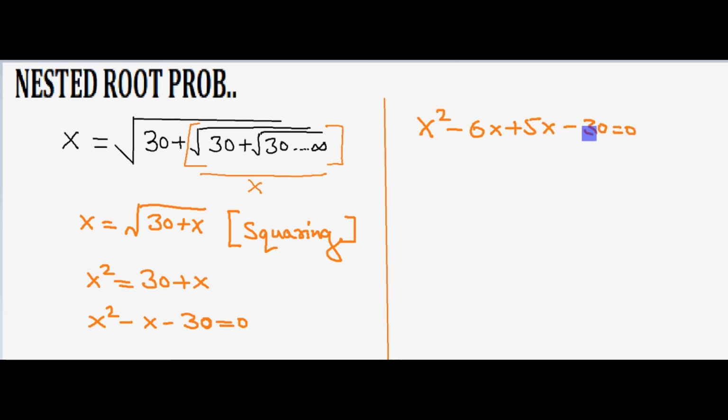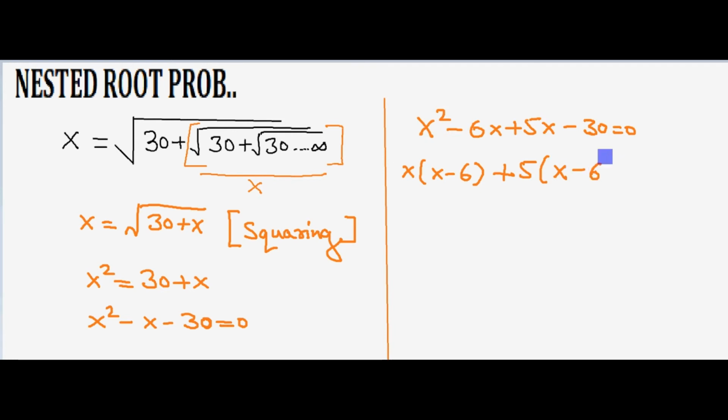So let's take out the x common. We get x minus 6, because x is here, one x will come out, it becomes x only, and this 6 will be left. Now if we take plus 5 common, this will become x, and this 30 is left with only 6.